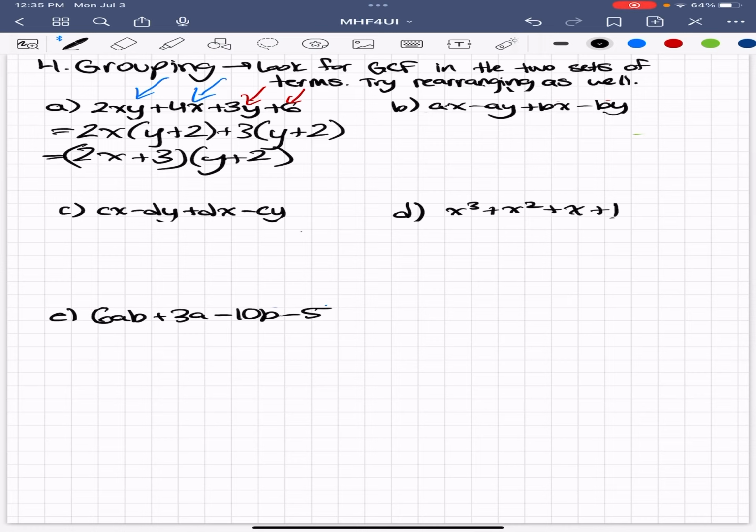Okay, so what we want is for these two factors to be the same. Then we're going to put this factor down below, and we're going to take what's left over and create a new factor with it.